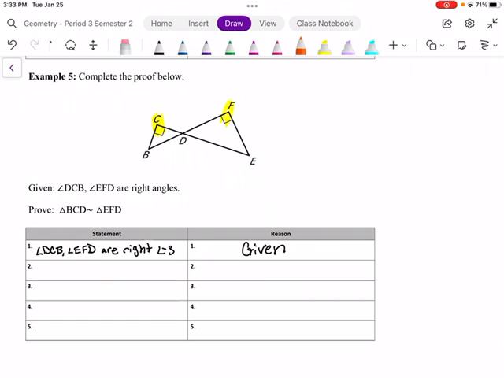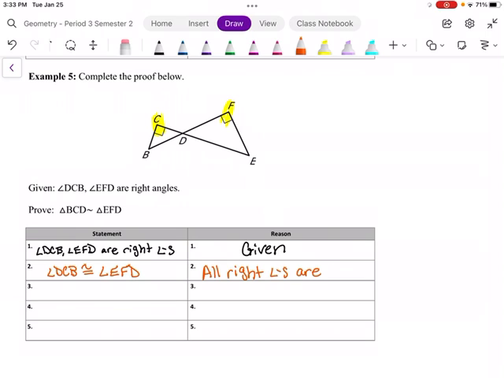So that tells us angle DCB is congruent to angle EFD. Sorry, I wrote that wrong at first. The reason we know that is all right angles are congruent.